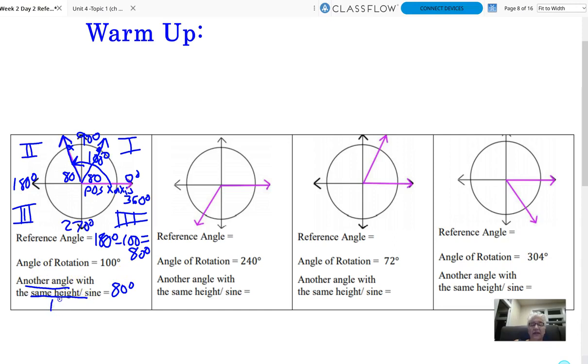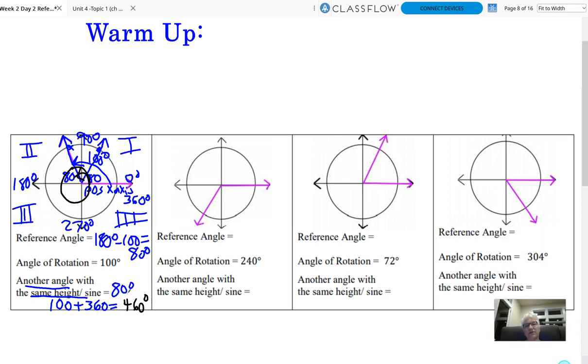You could also take the angle of rotation and add 360 degrees, because then you would be making a full rotation. So to 100 degrees, and then a whole other rotation makes it another 360 degrees, 460 degrees.